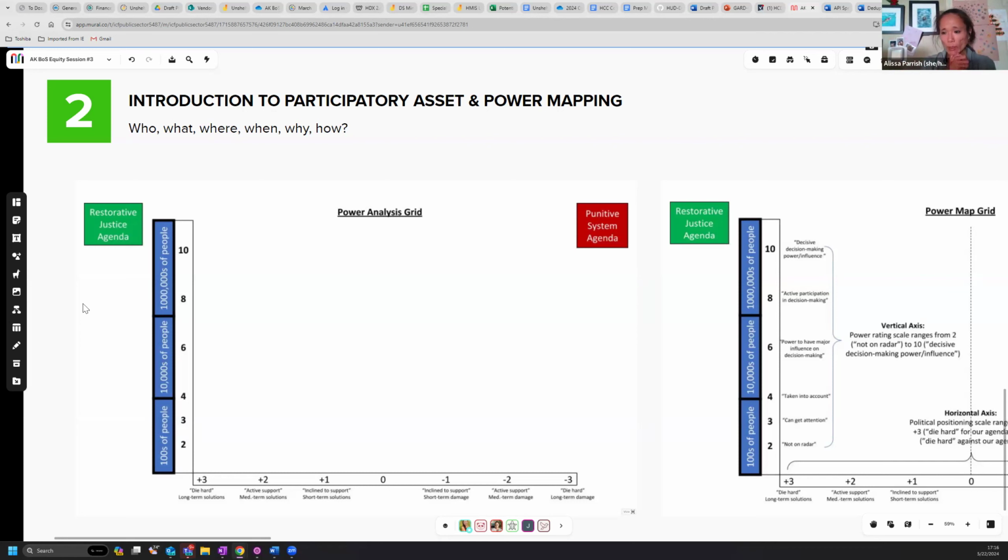So Michael mentioned participatory asset and power mapping. Really, at the end of the day, the word power can have a negative connotation. I definitely have some kind of reaction when I hear the word power, and this is me using an I statement, because it's often associated with corruption and abuse. But power, if you take it as it is, defining it, it's necessary.